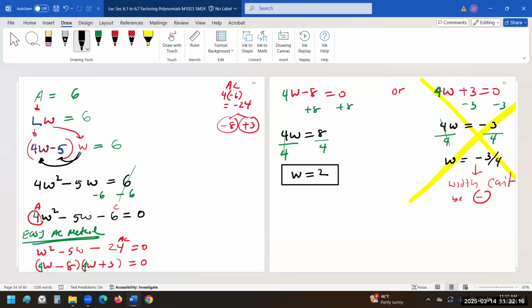So the rectangle they're talking about has a width of 2 centimeters, and they also want us to find the length. Do you remember what the length is in terms of width? 5 less than 4 times the width.